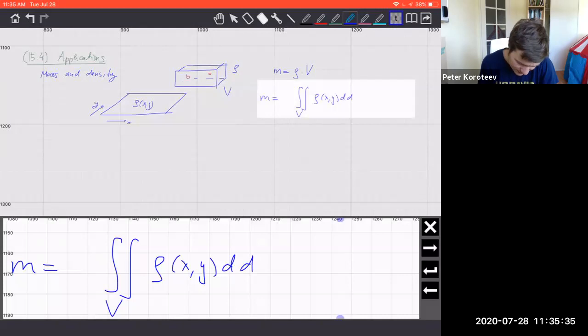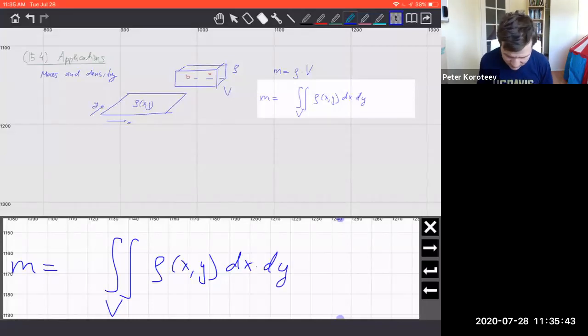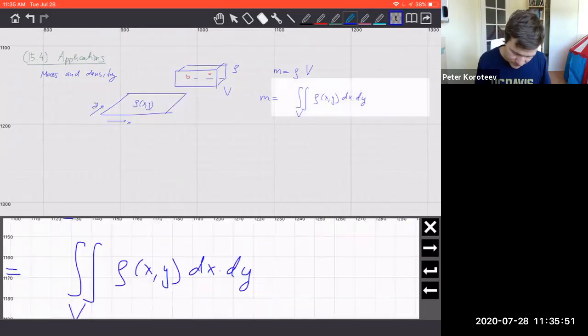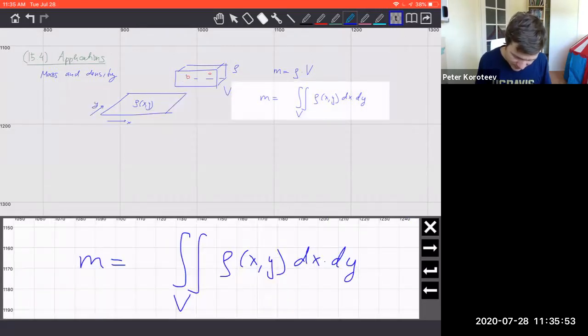Well, area in this case. The same applies to 3 dimensions, where we do 3D integrals, but for this particular application, you can think of it as not having the 3rd dimension. It's just some sheet of paper or sheet of metal or anything. So that will be the formula for the mass.